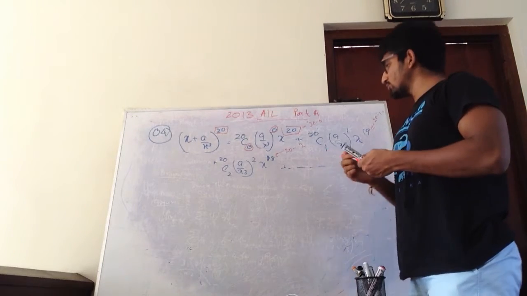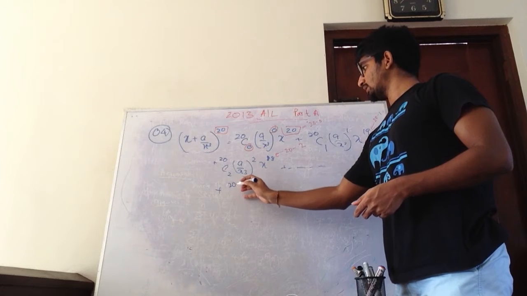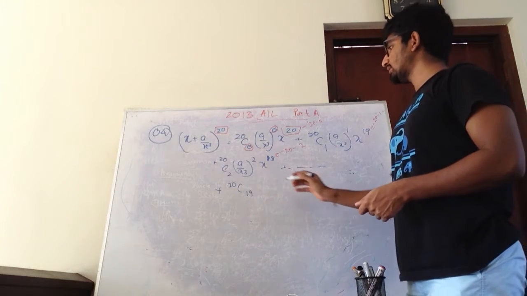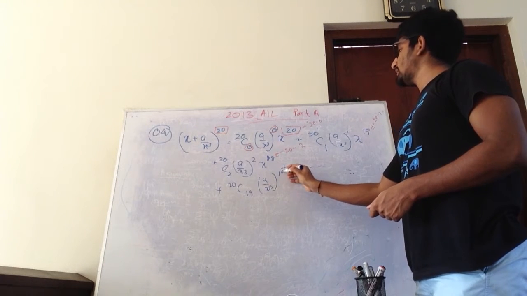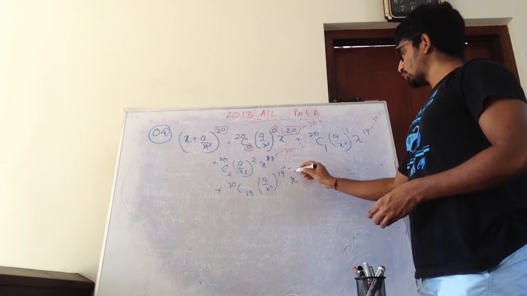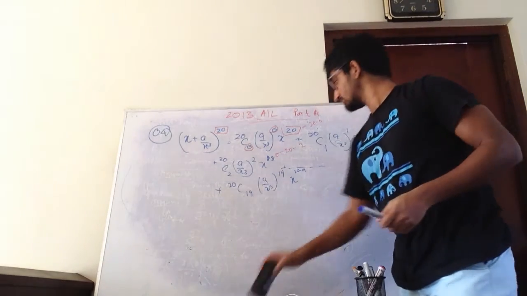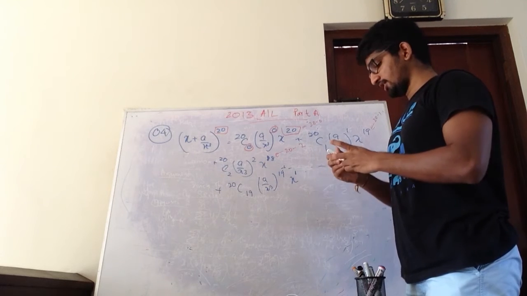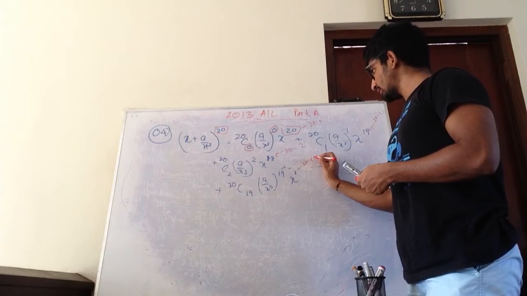So if I go to, let's say, the 19th term, this is going to be 19 for the lower index, and the power of x is going to be 20 minus 19, that means x to the power of 1.